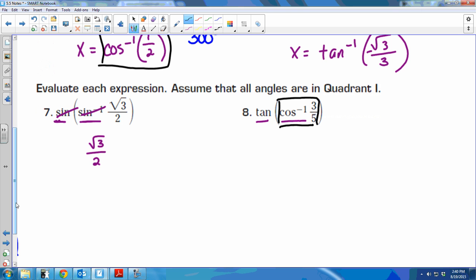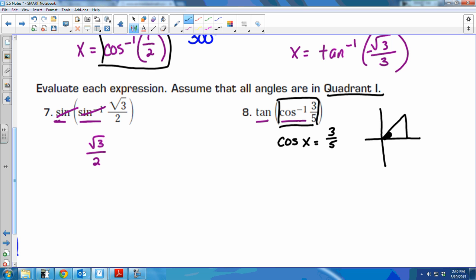So if I undid this, it used to say cosine x equals 3/5, right? If I had taken the inverse, then I would get what we have in the parentheses. Well, if cosine x equals 3/5, then I can draw a right triangle, and I can find tangent if everything's in quadrant 1.